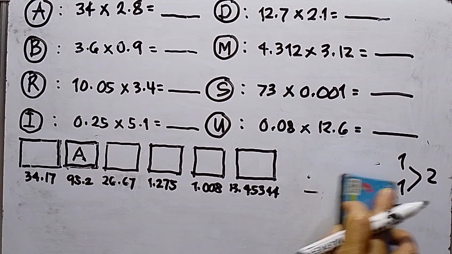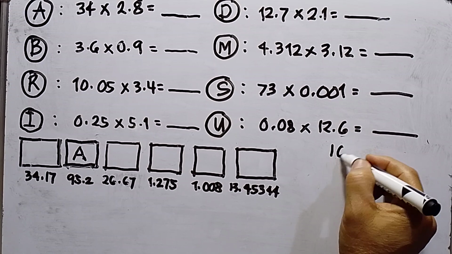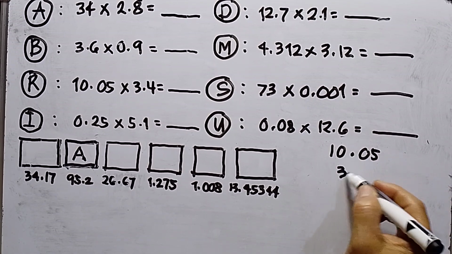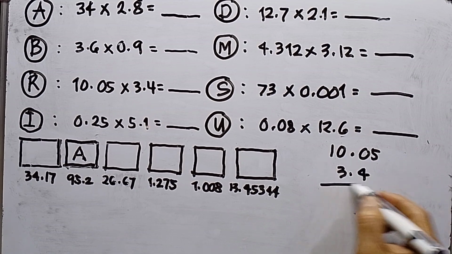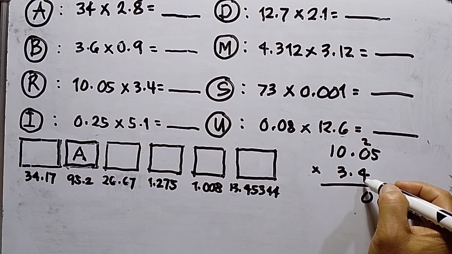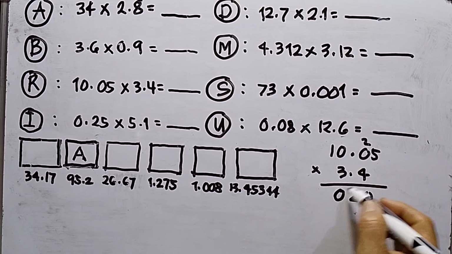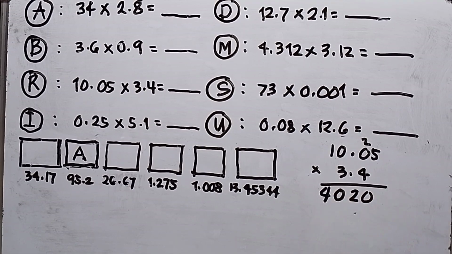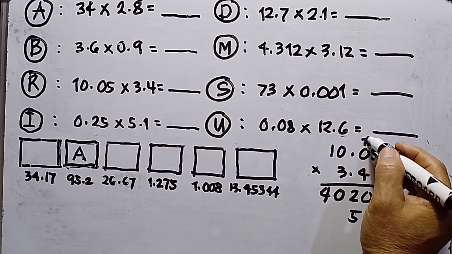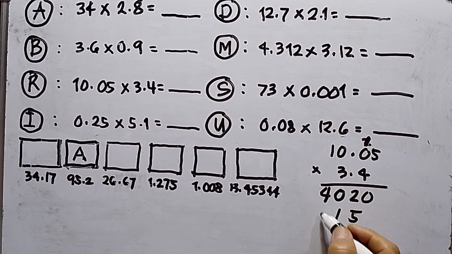So, let's move to letter R. Letter R is 10.05 times 3.4. Okay? This will be 20, carry 2, 0 times 4 is 0, then this will be 2. This will be 0, then 4. 3 times 5 is 15, carry 1. 3 times 0 is 0, then plus 1, then 0.